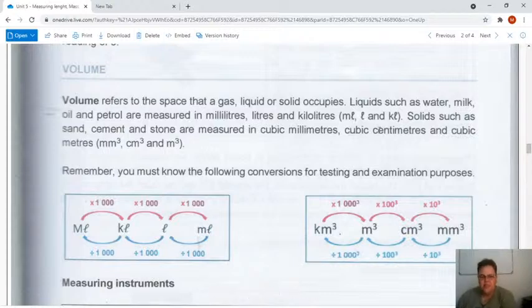So it's milliliters, liters, and kiloliters. Do not confuse kiloliters and milliliters. Okay, if you look here, you can see the conversion. Solids such as sand, cement, and stone are measured in cubic millimeters.